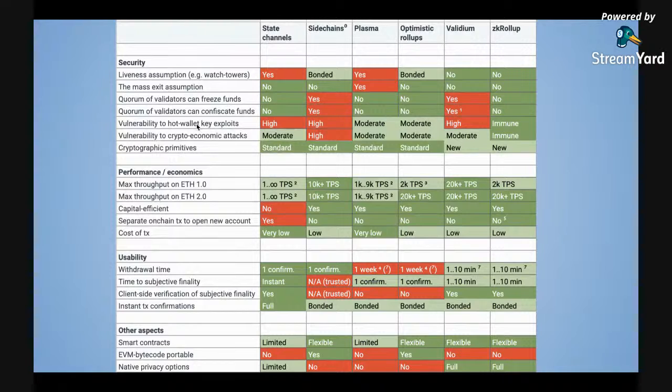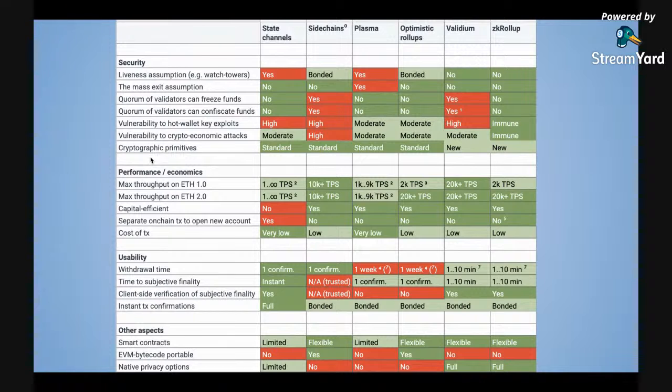Vulnerability to hot wallet key exploits. This is an interesting one. Hot wallet keys refers to whether people can steal accounts like your MetaMask account. I think the reason state channels is considerably high is because you always need to have this channel open, which means you can't turn off your computer. So often you delegate this to a server that's going to run for you.